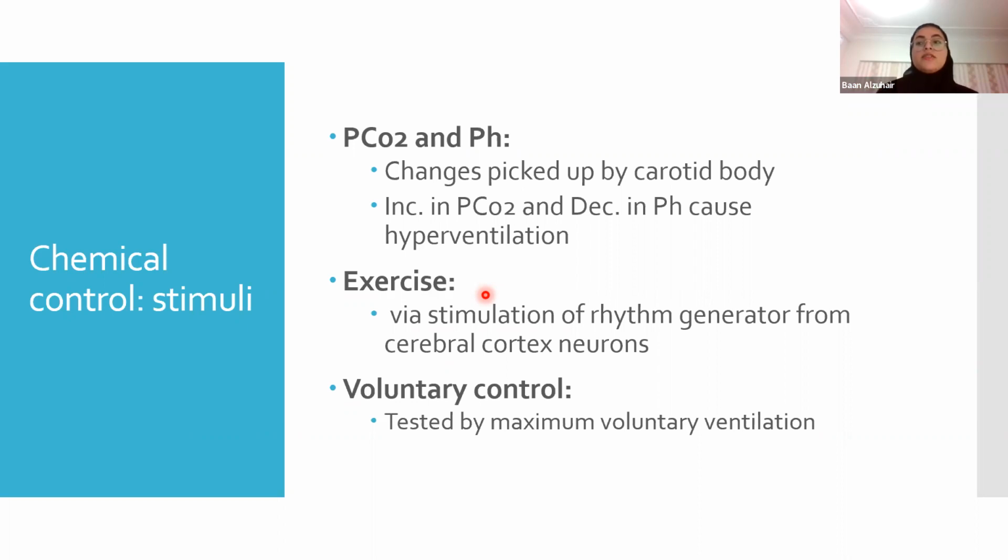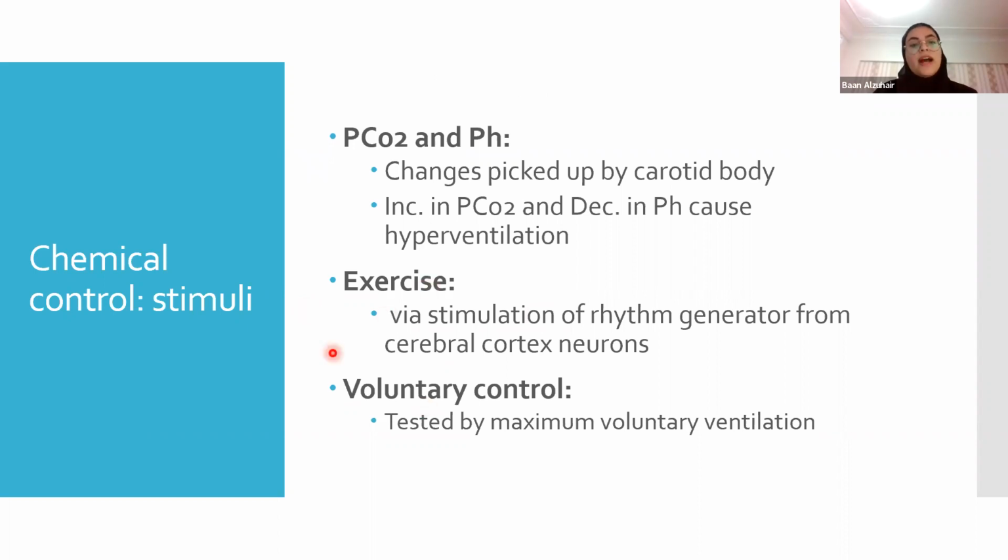Basically, your muscles have turned to an anaerobic way of producing energy, which will produce lactic acid. This lactic acid will go into your blood and dissociate into lactate and hydrogen. And we said before that hydrogen stimulates the chemoreceptors into making you hyperventilate. That's how CO2, pH and exercise affect your breathing.